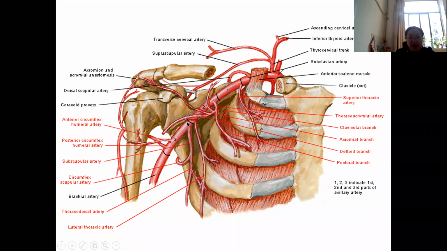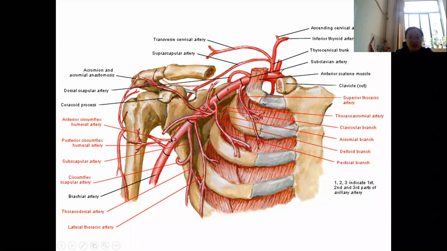The third part of the axillary artery gives off one big branch, the subscapular artery. The subscapular artery is further divided into the circumflex artery of the scapula, which passes through the trilateral space, and then the thoracodorsal artery, which supplies the muscle latissimus dorsi.